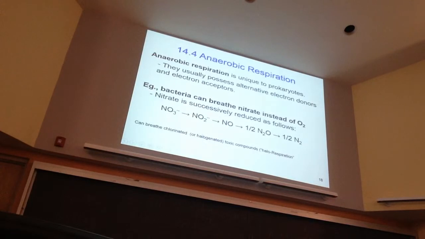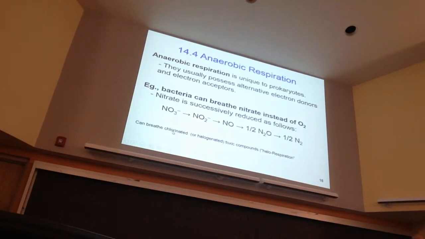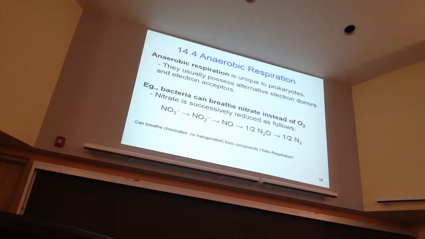But so can chlorinated or halogenated, very toxic compounds serve as alternate electron acceptors. And so we use these abilities in bioremediating these pollutants out in the environment. And I'll talk a little bit more about that in the last couple slides.